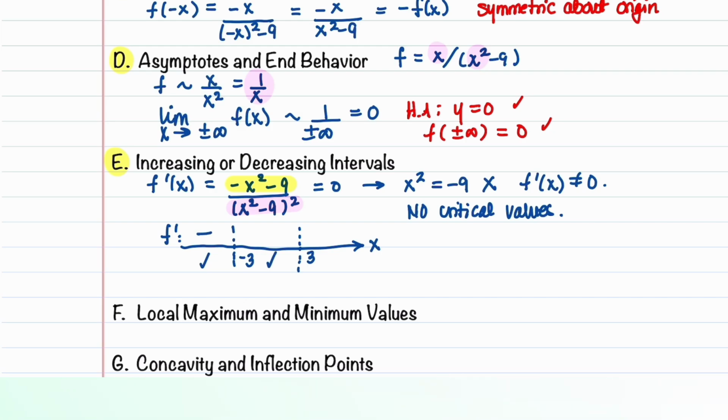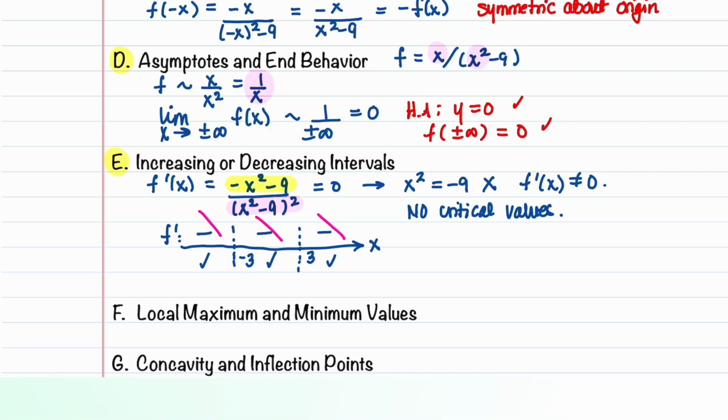If we pick a point between minus 3 and 3, f prime is also going to be negative. Just plug in maybe x is equal to 0. And then if we pick a point to the right, it is also going to be negative. So our function is decreasing in all three of these regions.